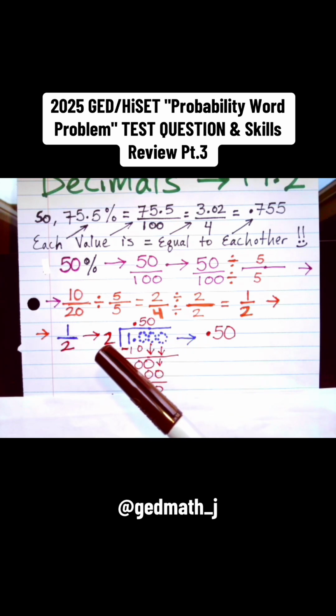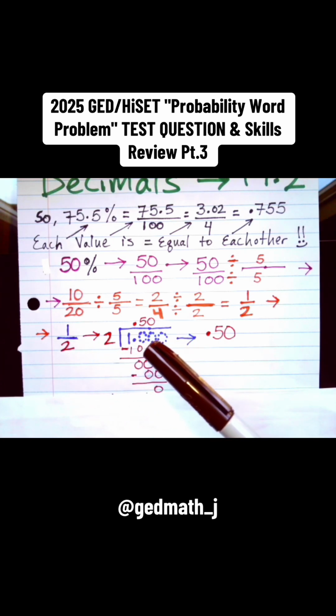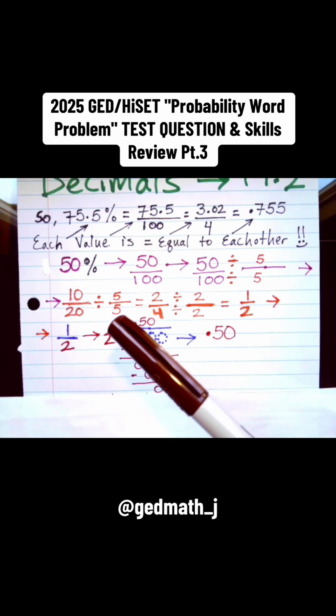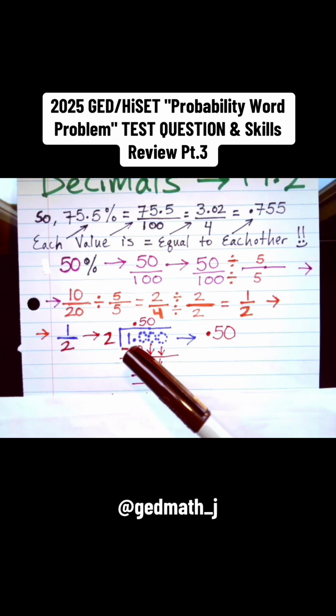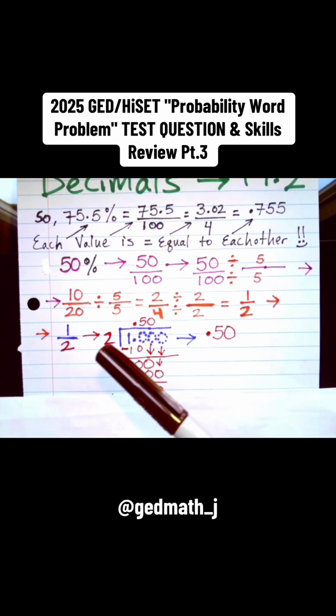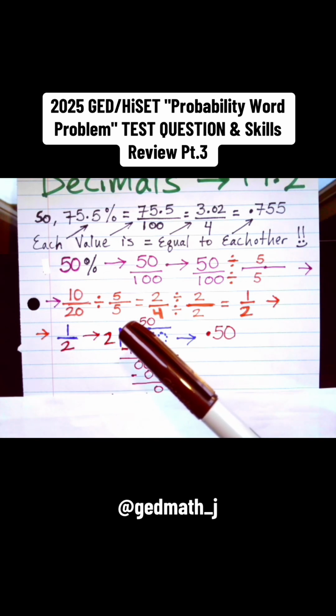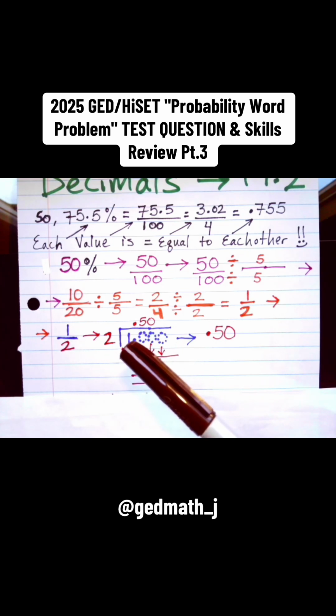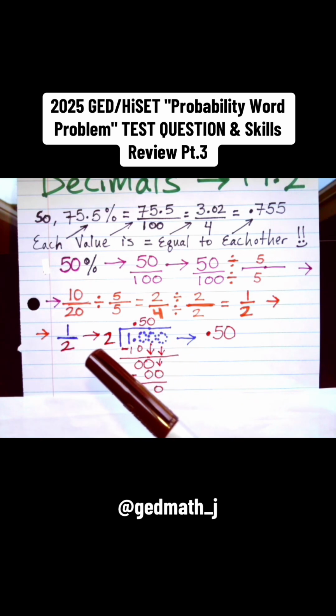So I'm looking for a number that will evenly divide into 1. Well, there's no number times 2 that will give me the 1, so I'm going to move over. One number times 2 would give me 10. I know 5 times 2 is 10. So I'm going to subtract 10 from 10. That gives me 0. I'm going to bring down this 0.